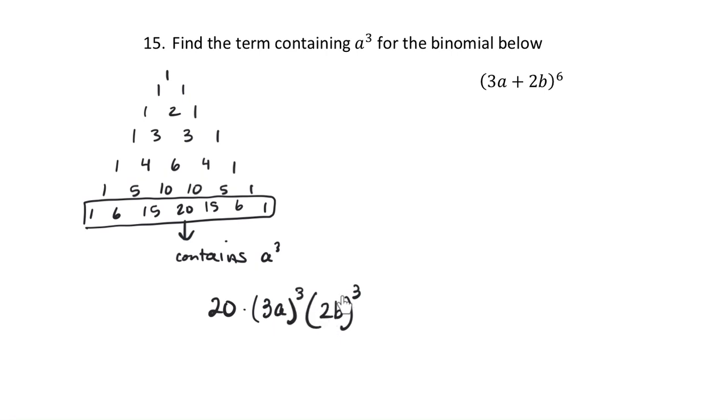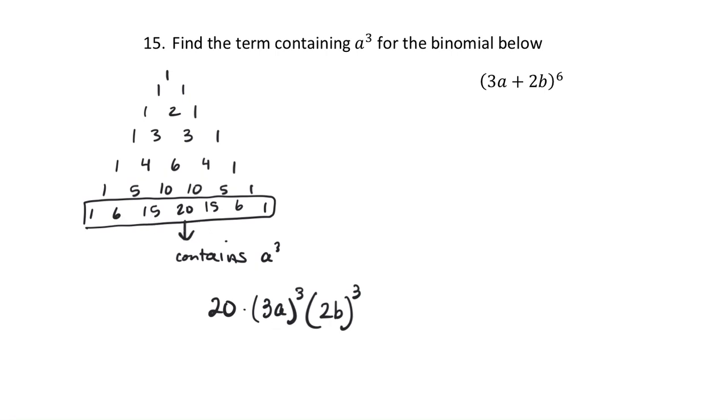Because remember, the sum of these two exponents in each term has to equal the original exponent. So this is only one term of this expansion, and it's going to have that as a coefficient. And we knew that this was the term we wanted because it's the one that contains some form of a to the 3rd. The first term would have an a to the 6th. This one would have an a to the 5th, a to the 4th, so it's this one that we want.